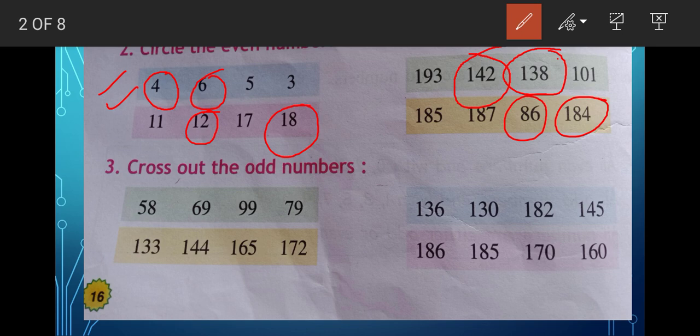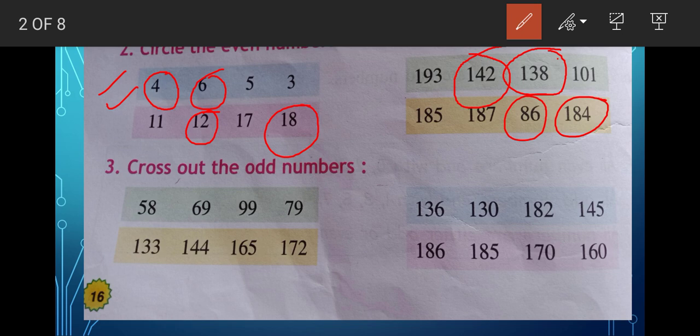Now cross out the odd numbers. In this question you have to cross the odd numbers. Numbers ending with 0, 2, 4, 6 and 8 are even numbers. That means numbers ending with 1, 3, 5, 7 and 9 are odd numbers, isn't it?